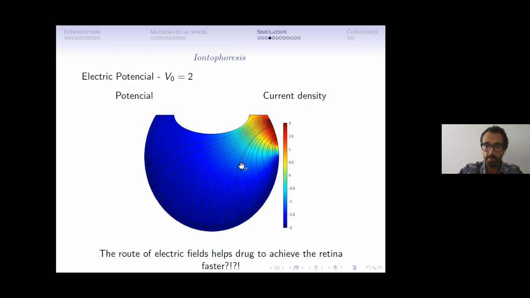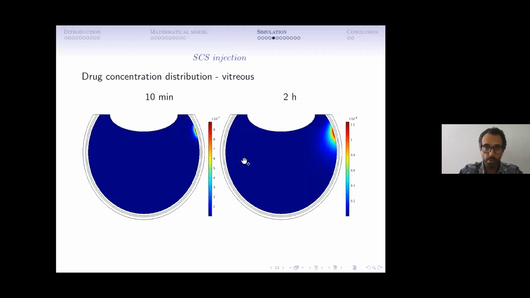I will start with the injection that is given in the suprachoroidal space, and I show you here the drug distribution in the vitreous for 2 different times. It is only an example. We can see that in the vitreous, a higher drug concentration is achieved at 2 hours than at 10 minutes, but this is only to check the evolution in time.